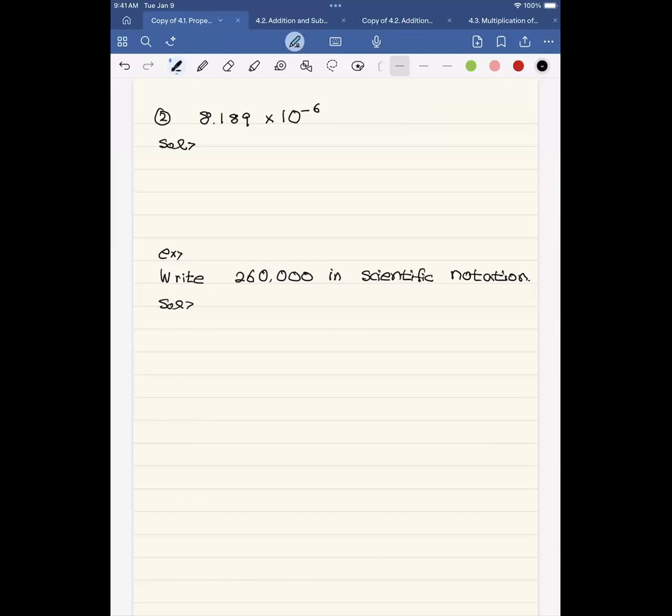The next example has a negative power. In that case, we have to move the dot to the left. Let's copy the original decimal, 8.189, and then we have to move the dot 6 times.